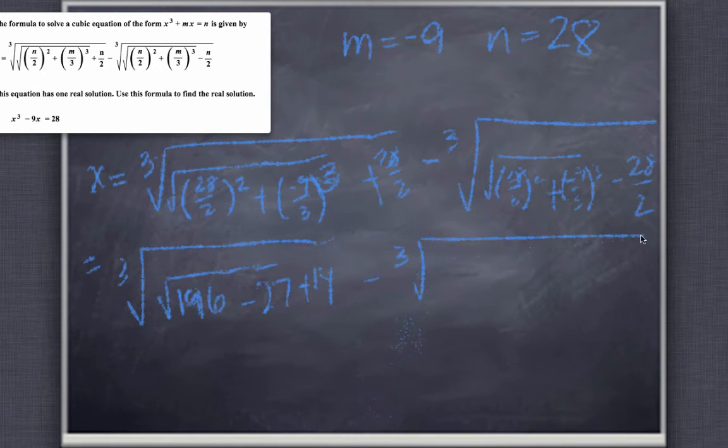Minus cube root. Same stuff. But minus 14. So 196 minus 27 is 169.